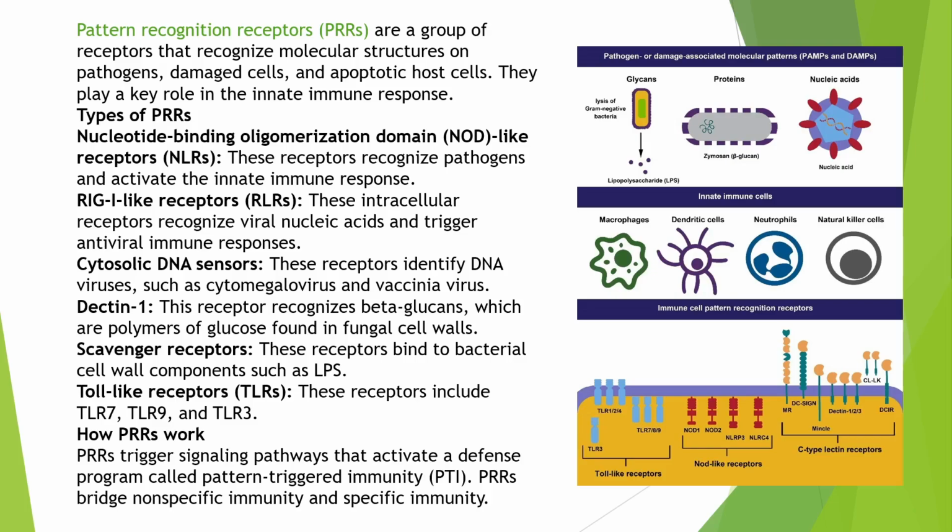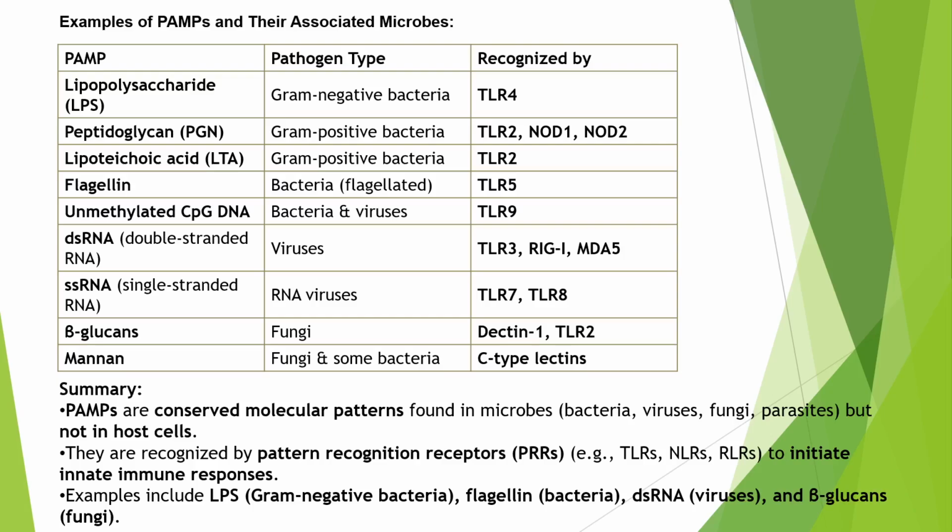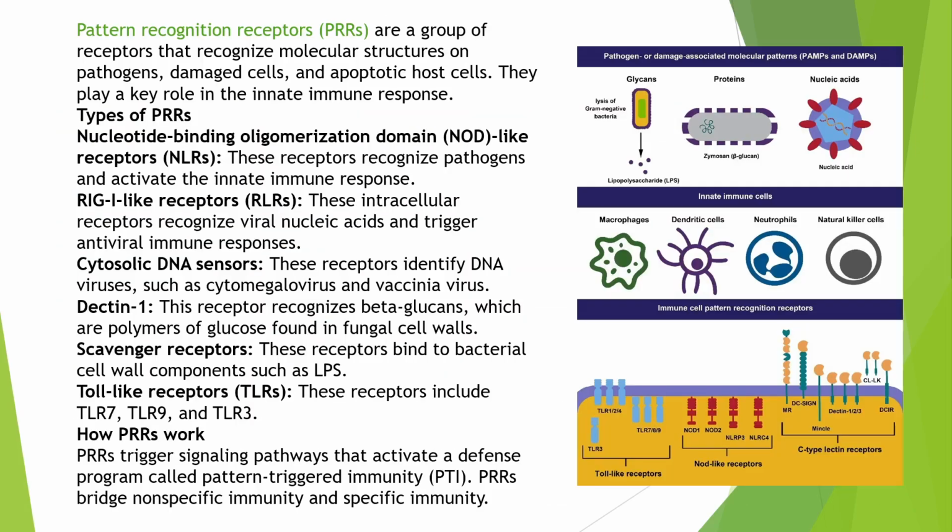Then pattern recognition receptors are a group of receptors that recognize molecular structures on pathogens. So PRRs are the ones which recognize the PAMPs. That is why they are the receptors for the PAMPs.